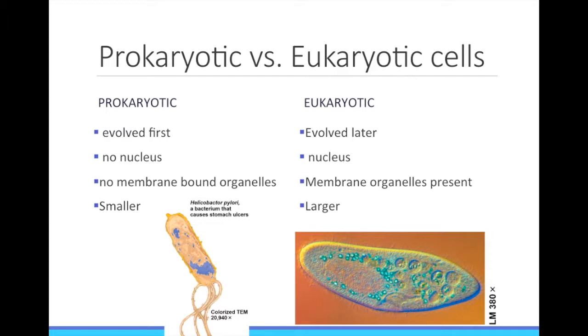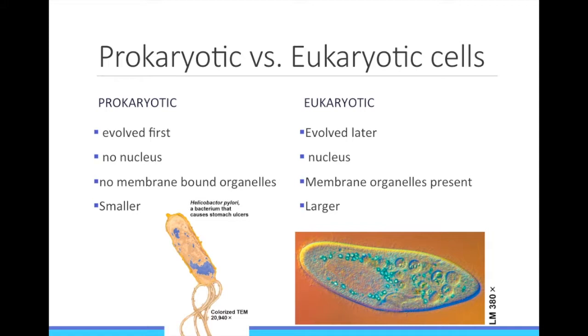Prokaryotes don't have a nucleus. The DNA is circular and is clumped up in a nucleoid region in the center of the cell, but it's not surrounded by a membrane. Eukaryotic cells have a true nucleus with a nuclear envelope membrane and many chromosomes inside. Prokaryotic cells do not have any organelles with a membrane at all.